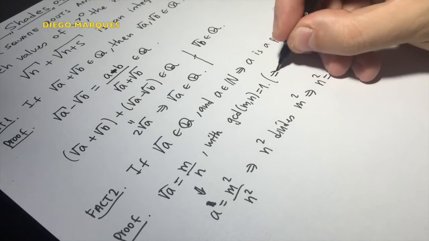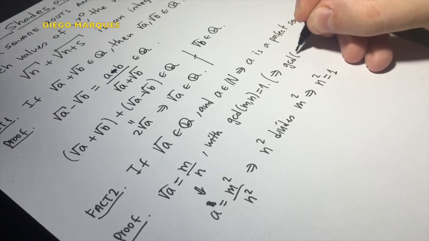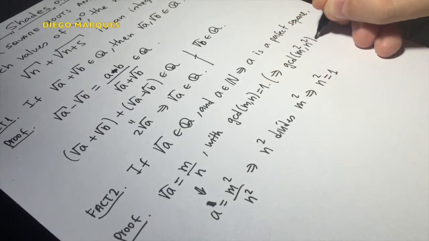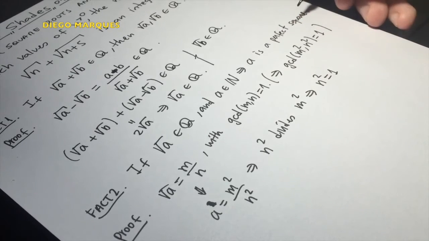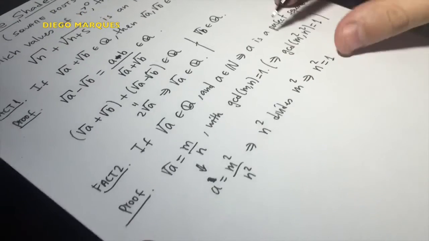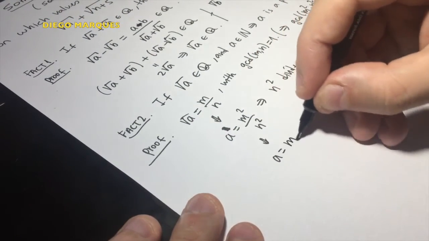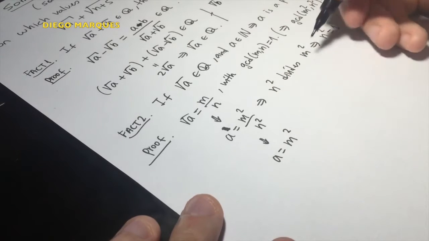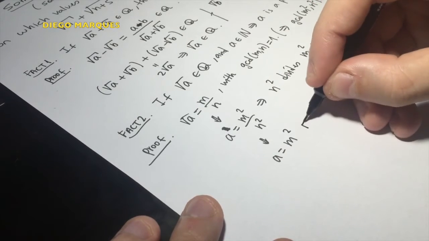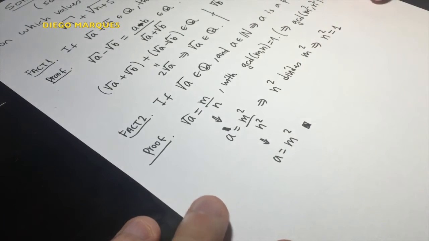This is because the greatest common divisor between m squared and n squared must be equal to 1 too. Okay, so if n squared is equal to 1, this implies that a is equal to m squared. So a is a perfect square, as we wanted to prove.